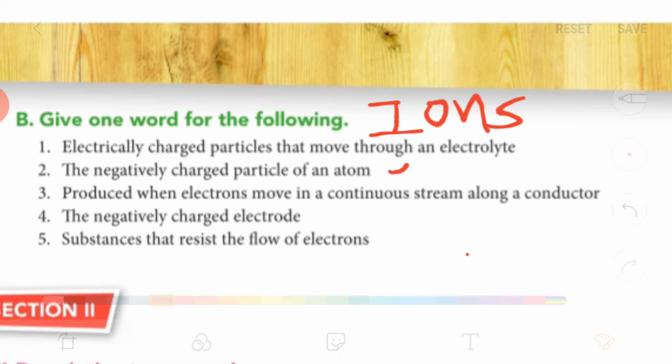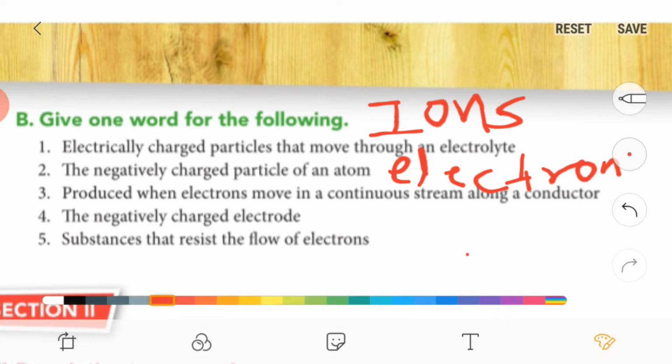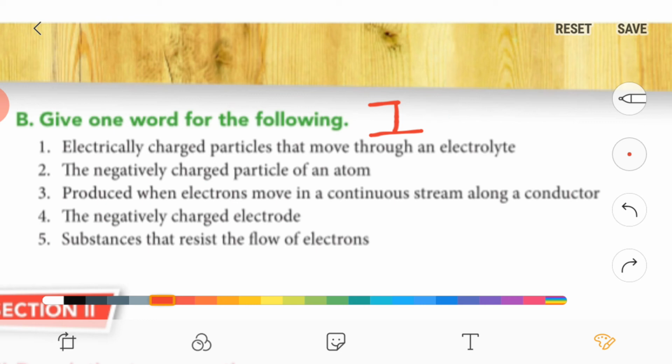So it is electron. Third one, produced when electrons move in a continuous stream along a conductor.